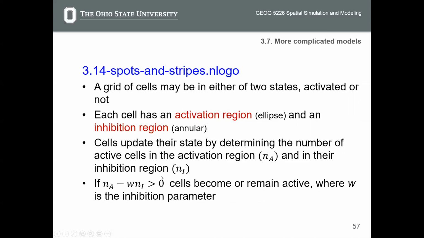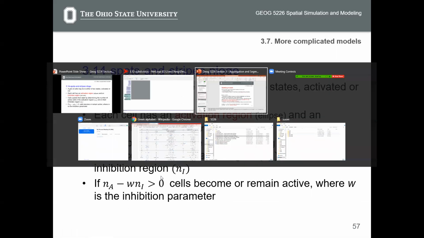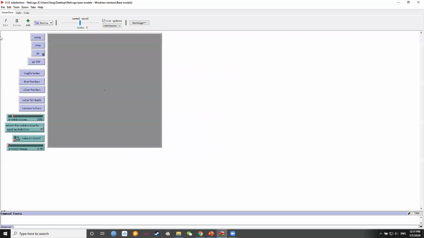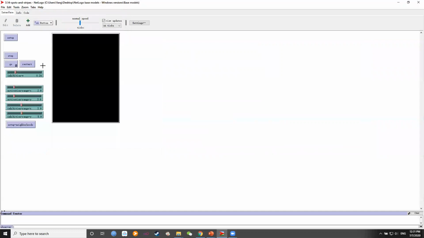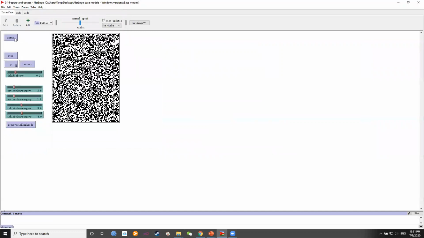Okay, and let me show you this specific model 3.1.4. Okay, set up: at the very beginning we have black cells and white cells.